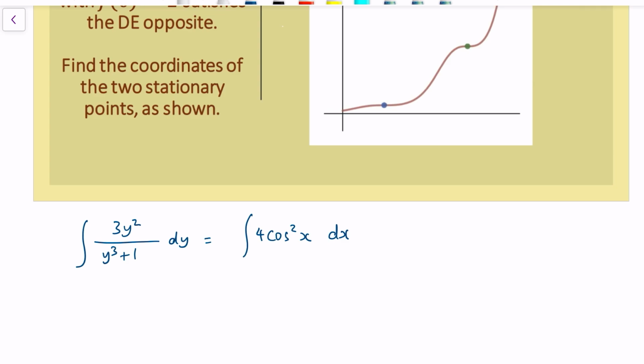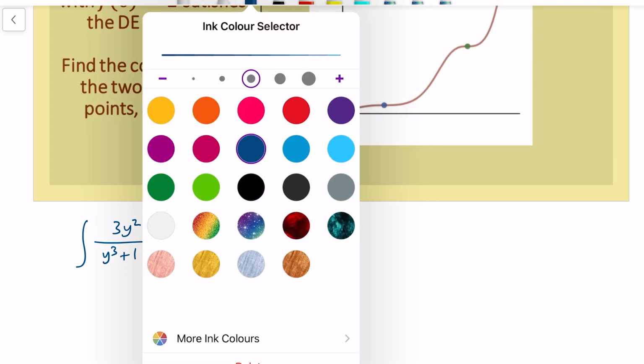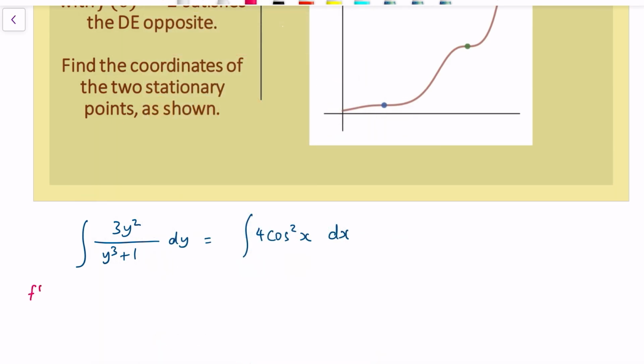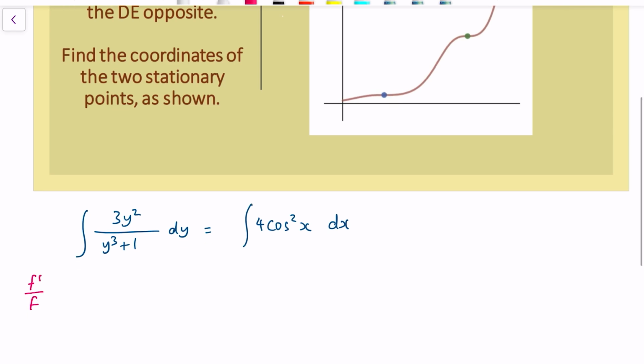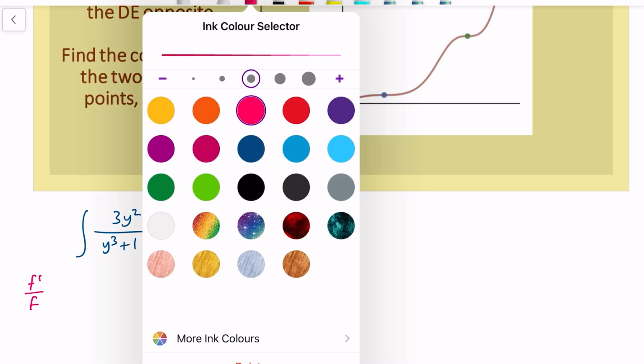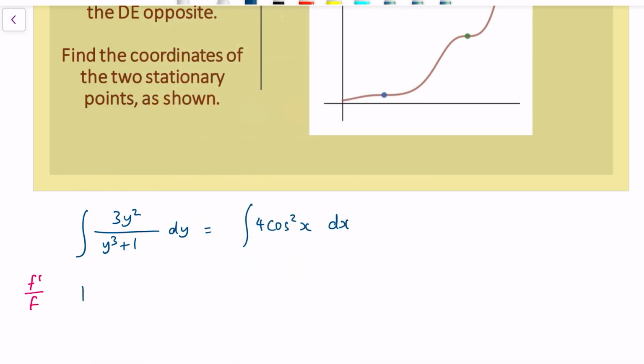But this is one of those special f dash over f types, which has got its own integral formula. Whenever you see the denominator's derivative appear at the top, or some factor of it, then the integral will be just the log of the denominator. So we've got log of y cubed plus 1. We need a plus c somewhere.